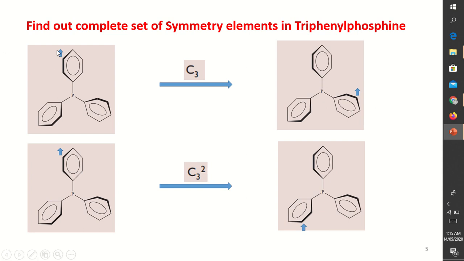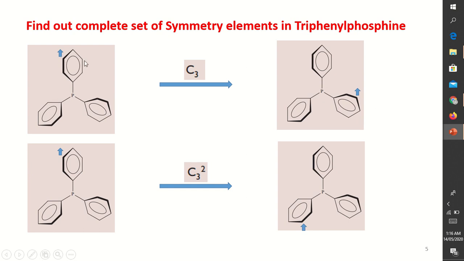If we apply C3 three times, for example, I am applying C3 one time to the molecule, the arrow is over here, and if I apply C3 two times, then the arrow would be on this position. And what will happen if I again apply C3 to this molecule? This arrow would definitely join the same place, which is the starting place.